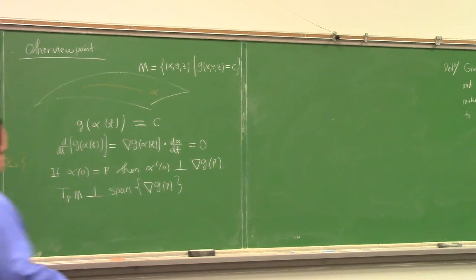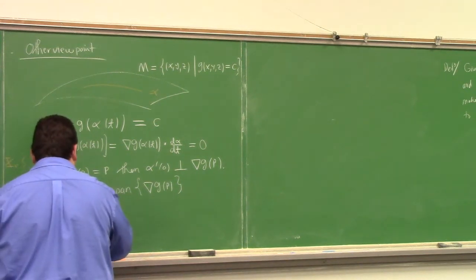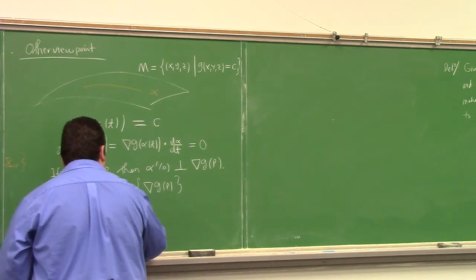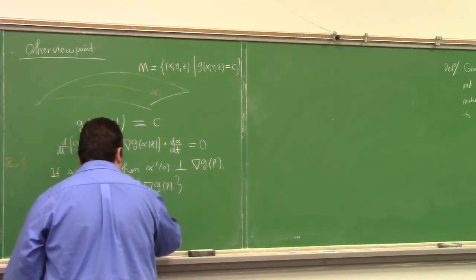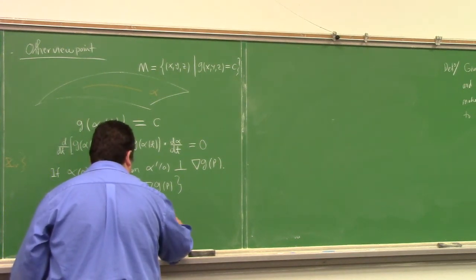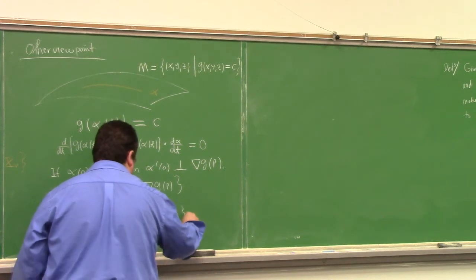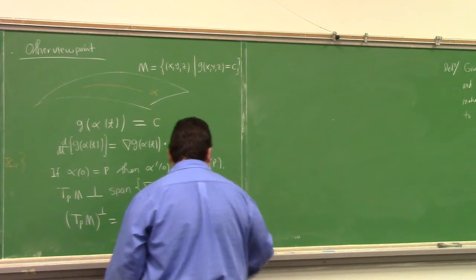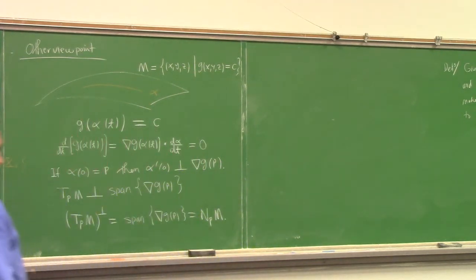So we can see from this that the perp to the tangent space to M at P is nothing more than the span of the gradient of G at the point P, and that, of course, is the normal space to M at P. So if we want to find the normal space to P for a level surface, we just calculate the gradient and plug in the point. Got it.